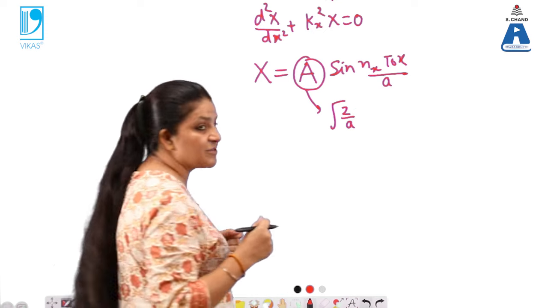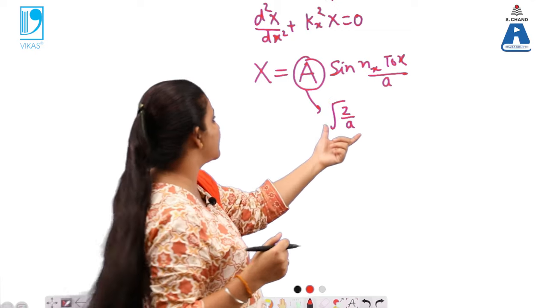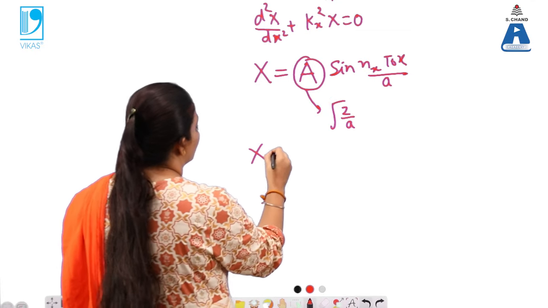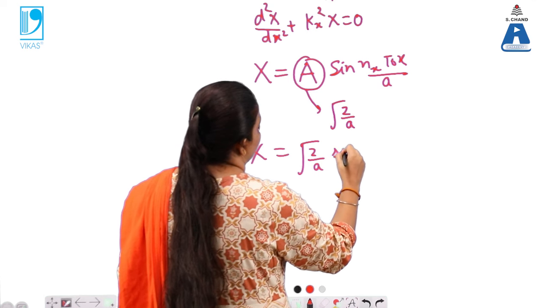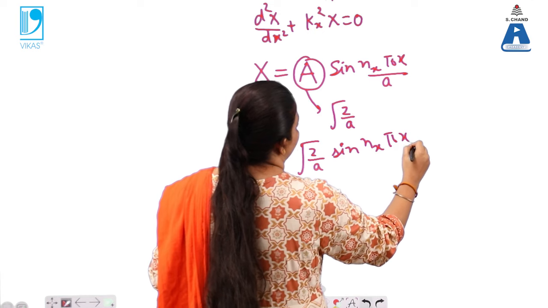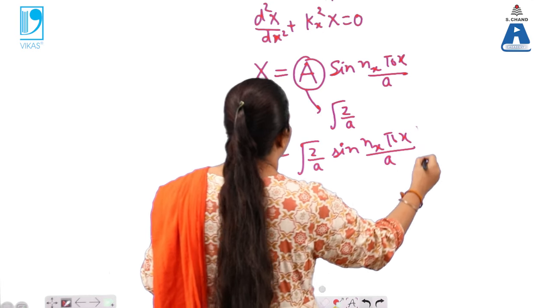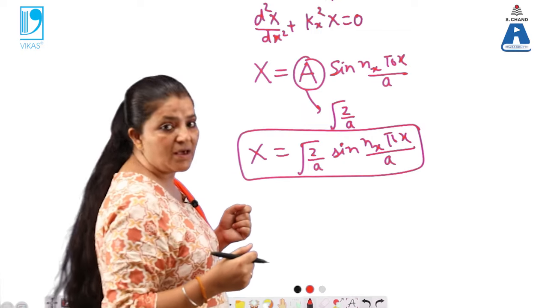So this is the normalization constant along the x-axis, because a is the length of the box along the x-axis. So the x component will become like this. This we can solve similarly as for the particle trapped in the 1D box. So this is the solution of the matter wave along the x-axis.